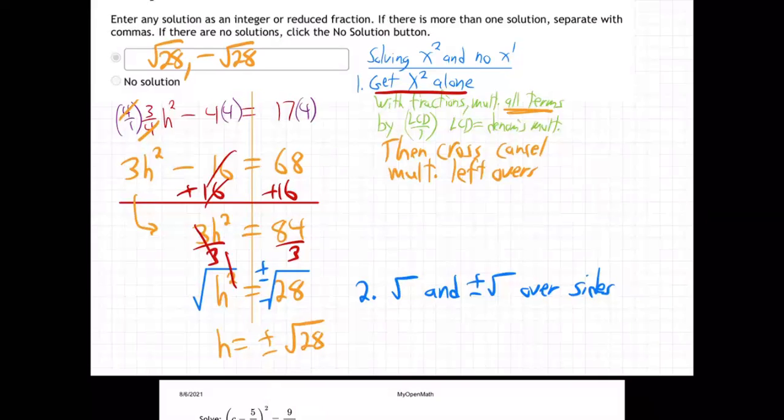Oh no, it says no decimals allowed. Okay, so no decimals allowed. So you have to give the answer just like this: root 28 and negative root 28. There we go.